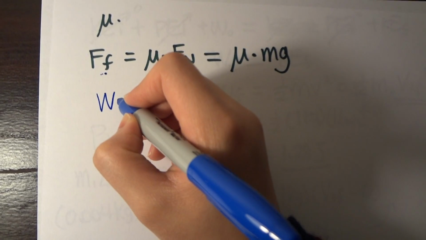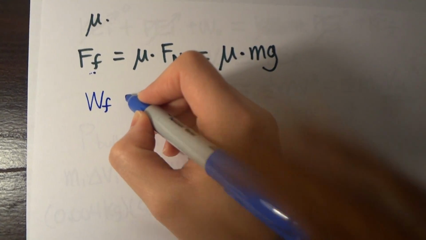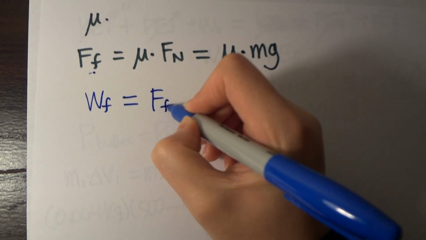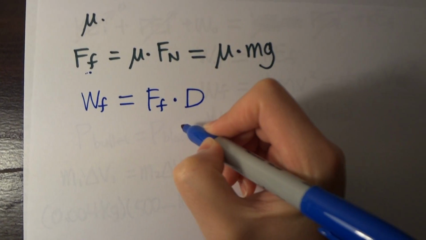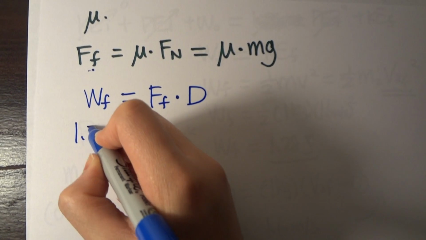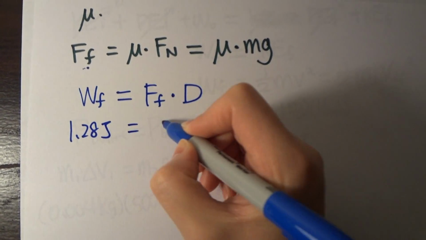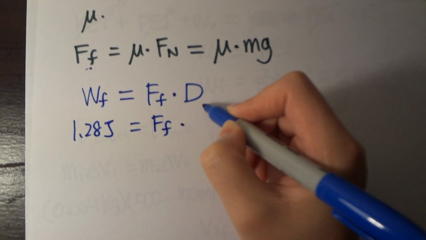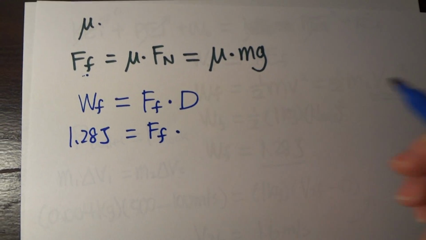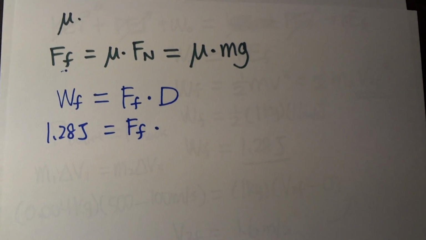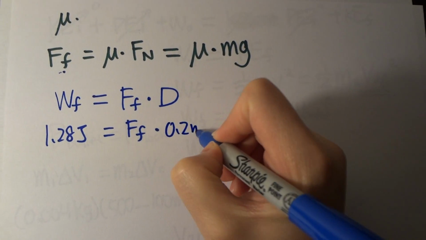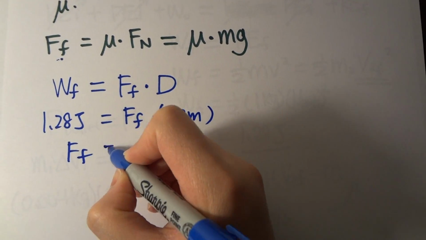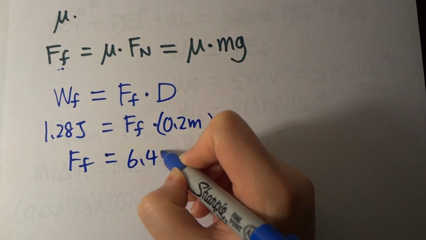We calculated the work done by friction, and the work done by friction is equal to the force of friction times the distance. The work done by friction is 1.28 joules. It's equal to force of friction times the distance the block slides, which is 0.2 meters. And we got the force of friction is 6.4 newtons.